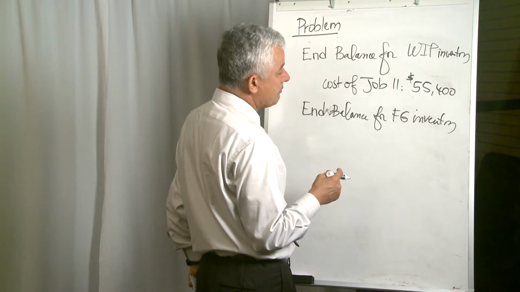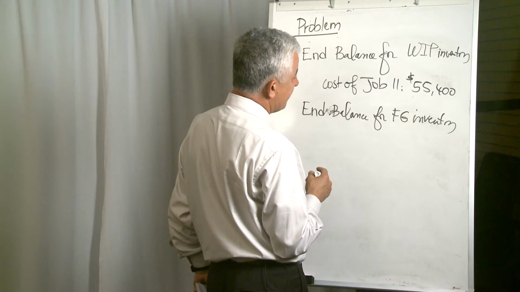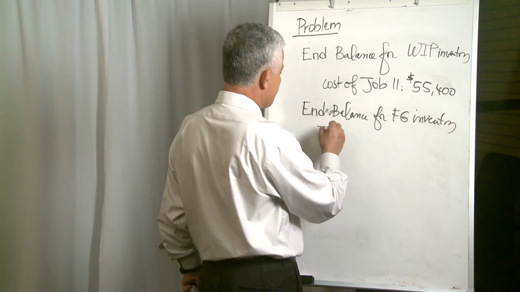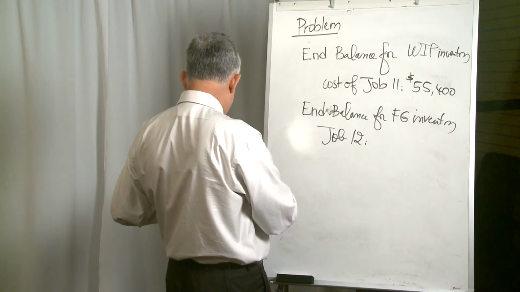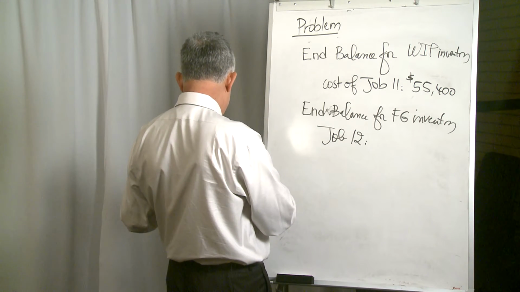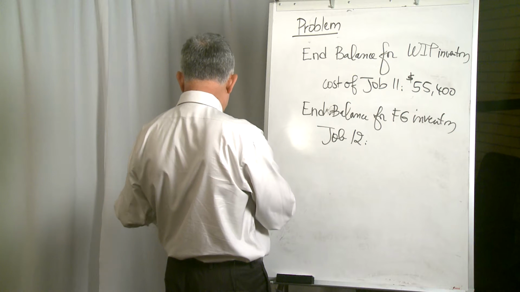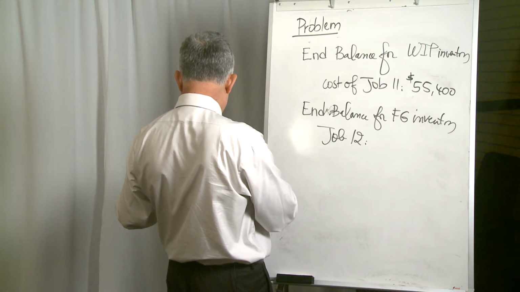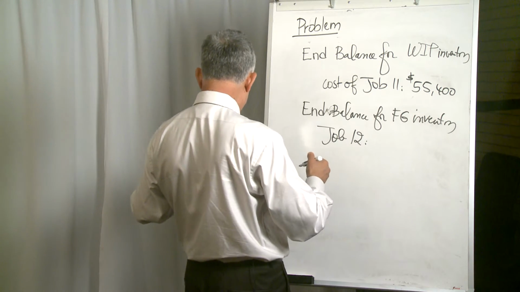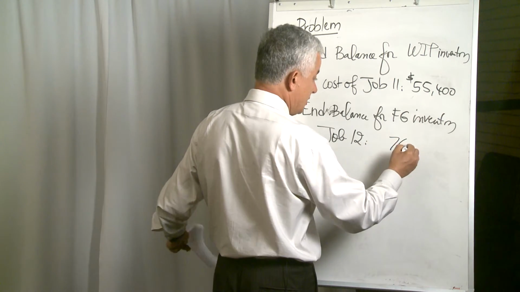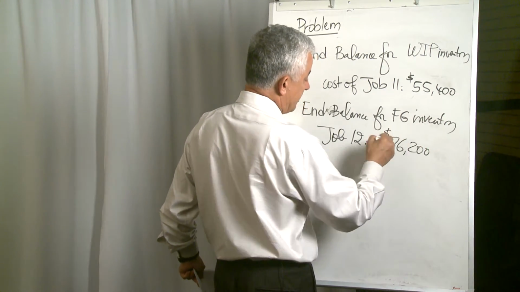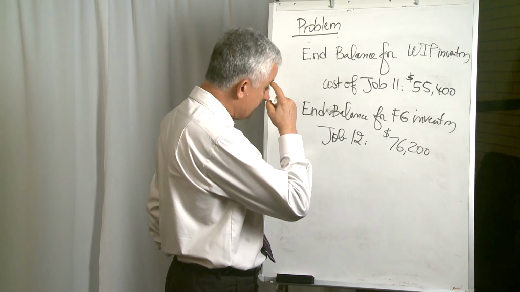Then the only job that is left in the finished good inventory awaiting sale is job 12. And the cost for job 12 is $76,200.